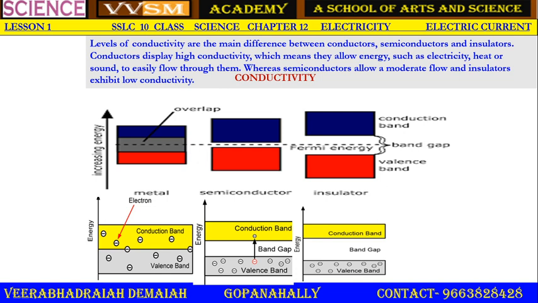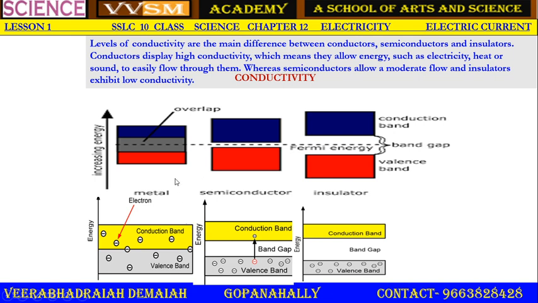Conductors display high conductivity, which means they allow energy such as electricity, heat, or sound to flow through them easily. Semiconductors allow a moderate flow, an intermediate state between conductors and insulators. Semi means half. The insulators exhibit very low conductivity or none at all. The insulators are nothing but bad conductors.